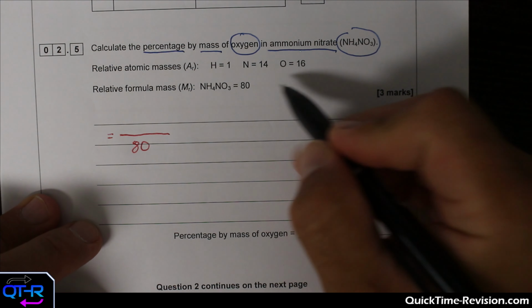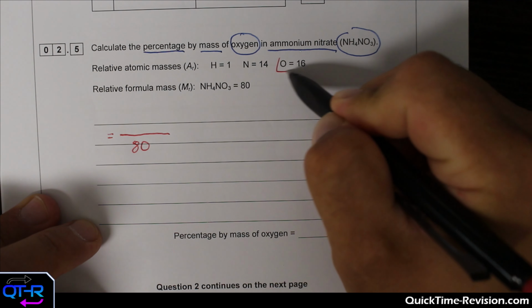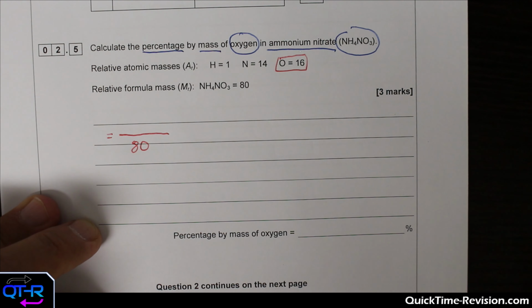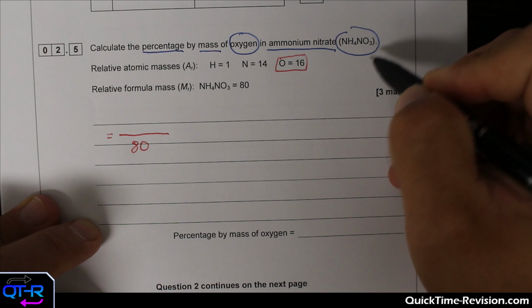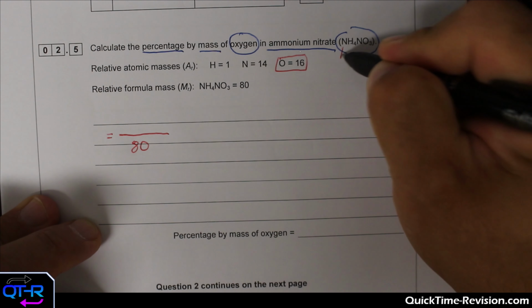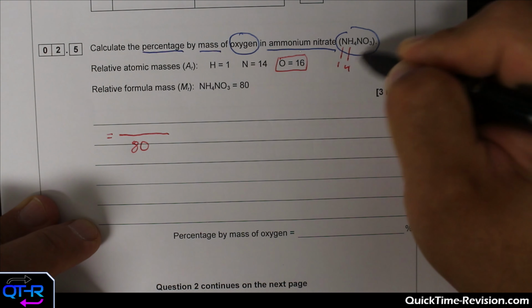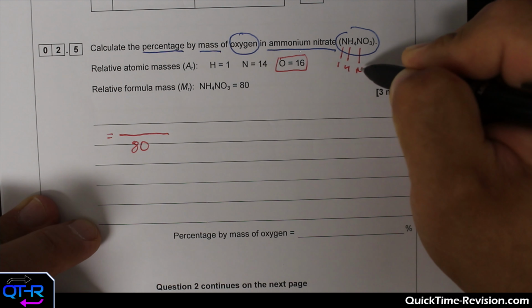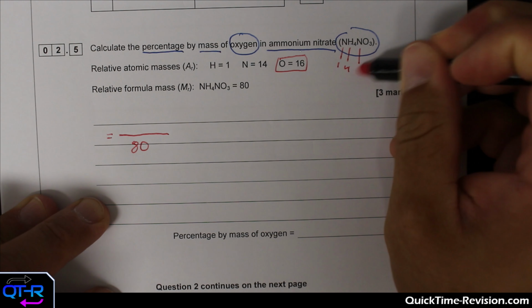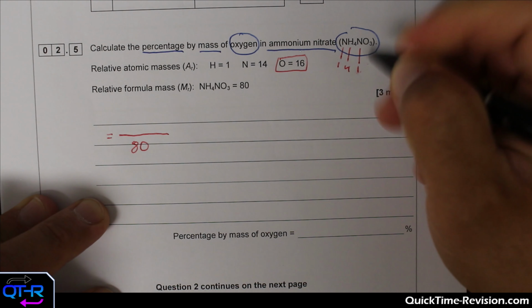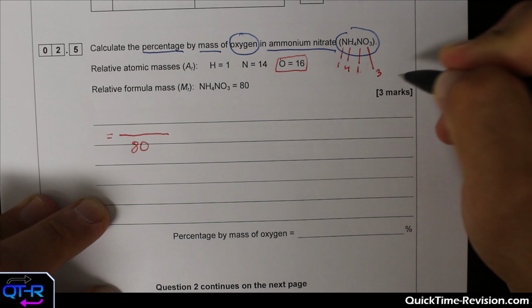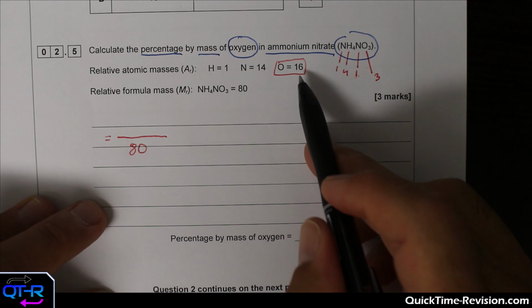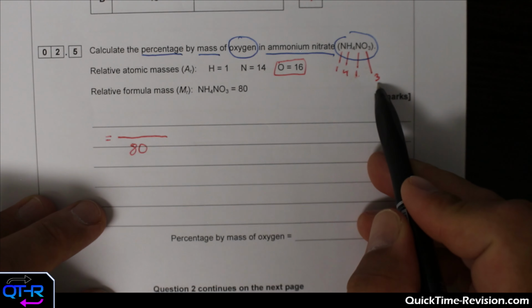Now, oxygen has a relative atomic mass of 16, and in this molecule we have 1 nitrogen, we have 4 hydrogens, another nitrogen, so that makes a total of 2, and here's the one that we're looking for, oxygen. There are 3 of them, so that would be 16 times 3.